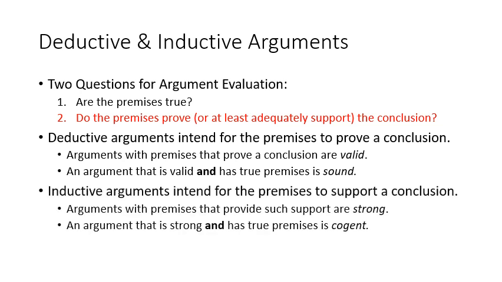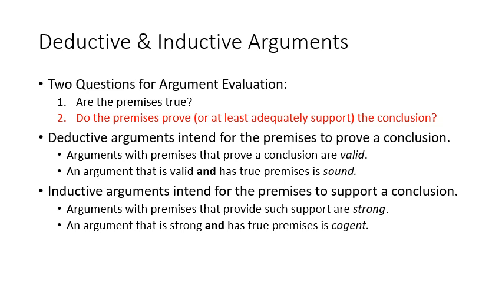Inductive arguments, the logic is a little bit different. The number two answer is not in terms of proof, but in terms of support. An inductive argument is such that the premises are intended to support the conclusion and not necessarily prove it.